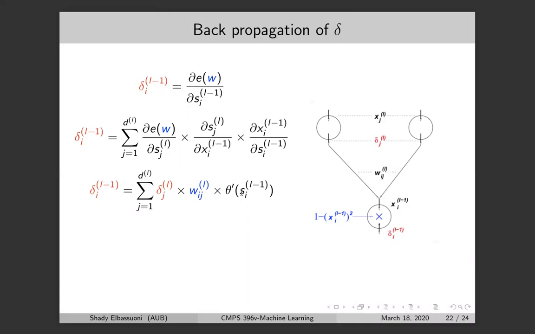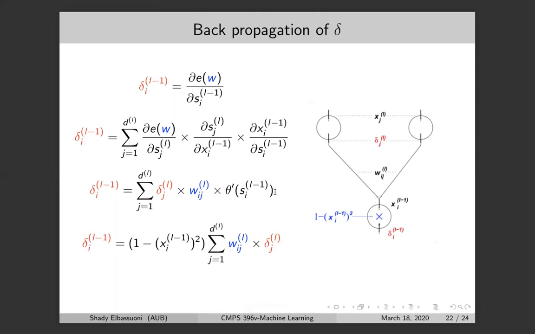That's nothing but theta dash of the signal, because X_i of L minus 1 is theta of S_i of L minus 1. I know what theta dash of S_i of L minus 1 is. It's 1 minus theta of S_i of L minus 1, squared.